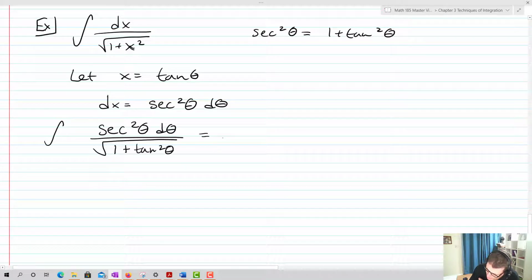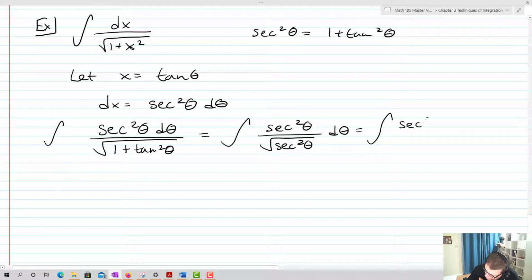Okay, which is going to end up equaling the integral of secant squared theta divided by the square root of secant squared theta, and then d theta. So this ends up equaling the integral now of secant squared theta divided by secant theta d theta, and that is just the integral of secant theta d theta.